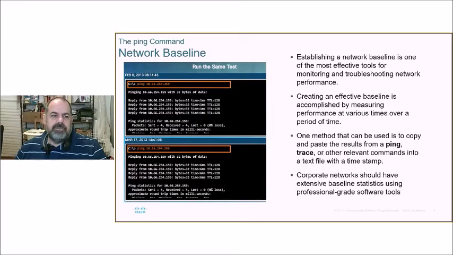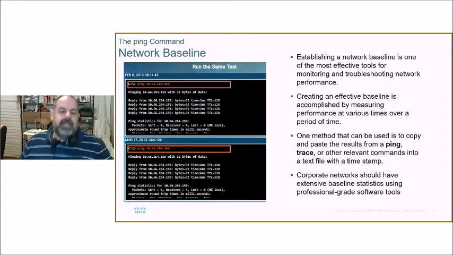When it comes to baselining, you can use pings for that as well. As you can see, when it was run on February 8th, we got a time of 1 millisecond, which is pretty damn good. Run March 17, and we got a time of 6 milliseconds. That's 6 times longer, which is not particularly good.